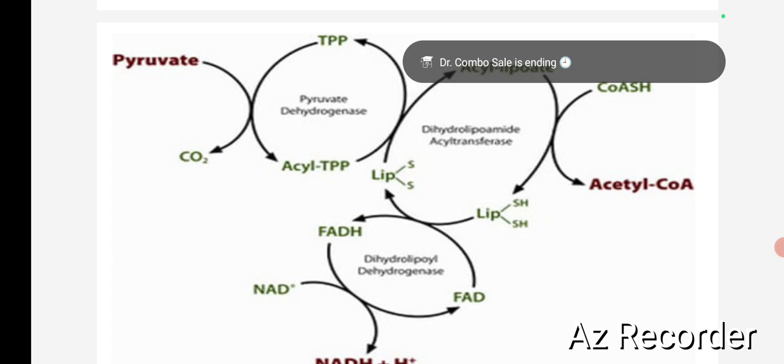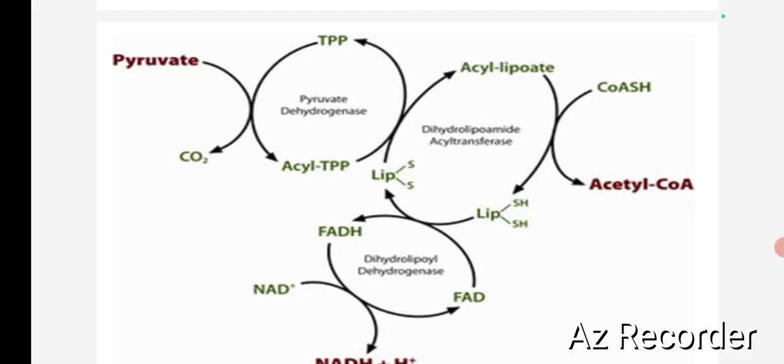The pyruvate in the presence of thiamine pyrophosphate liberates carbon dioxide to form the acetyl thiamine pyrophosphate. Then the acetyl thiamine pyrophosphate reacts with lipoate to form the acetyl lipoate. The acetyl lipoate then reacts with coenzyme A to form the reduced form of lipoate, which releases the acetyl-CoA.